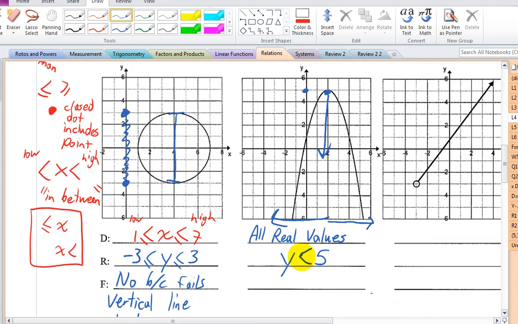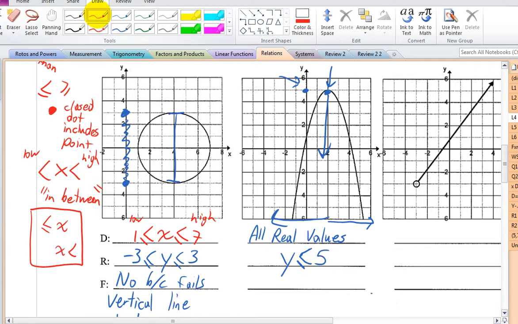Does it touch the line? Yes, it does. It doesn't have to touch it here. It's touching the line right here. And so that way we have to have the equal to part. So make sure you have this equal to part that I'm highlighting right here. That's really important. So it does equal 5. So y is less than or equal to 5.